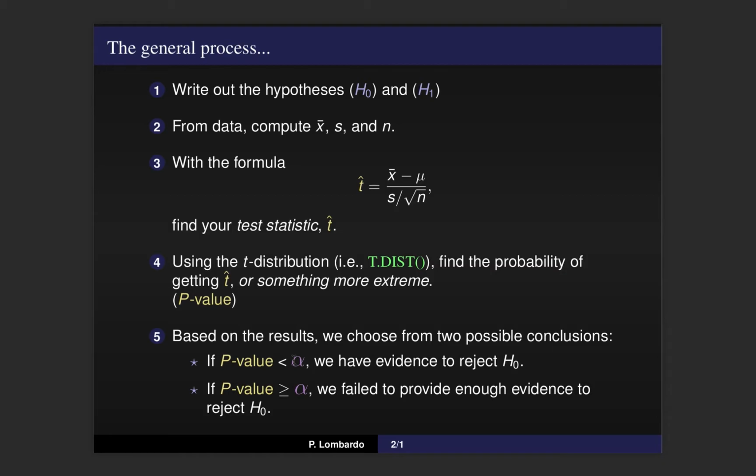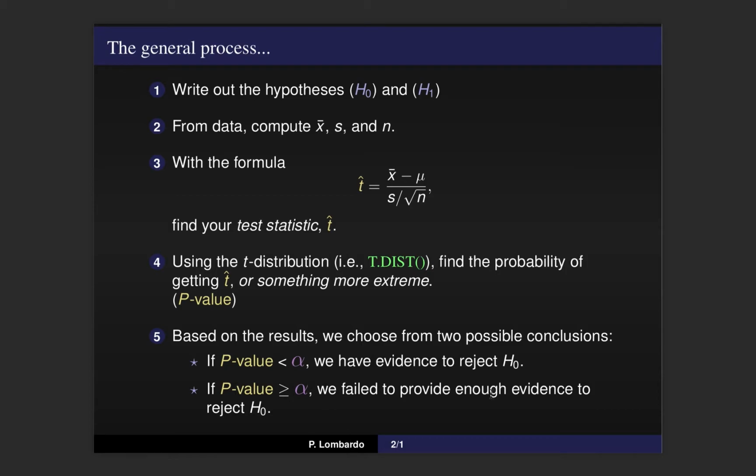And in our analogy to the criminal justice system, having a p-value below the significance level is like proving the sample shows beyond a reasonable doubt that we can reject that H0 hypothesis, right? If the p-value ends up being above your significance level, there's still reasonable doubt there.